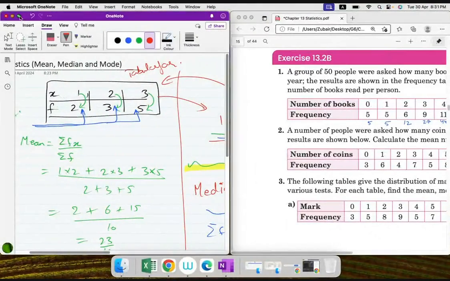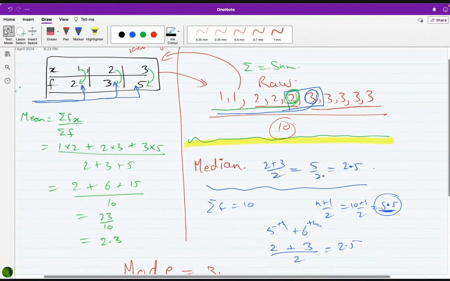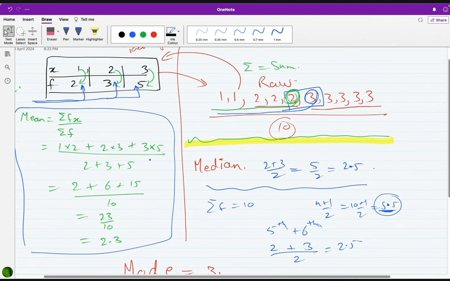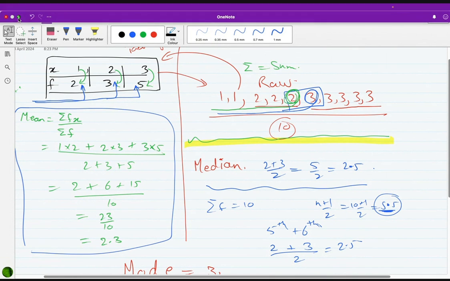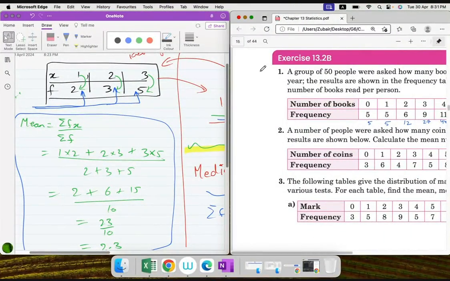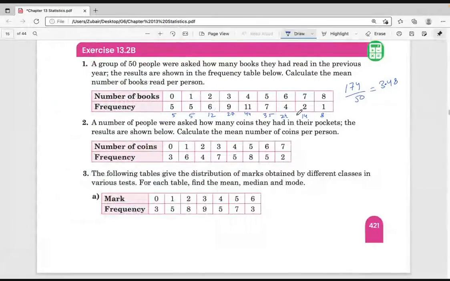The writing style should be this for mean. Show complete steps. You will have 1 to 2 questions in exam. Are you getting the same answer? Yes, sir.